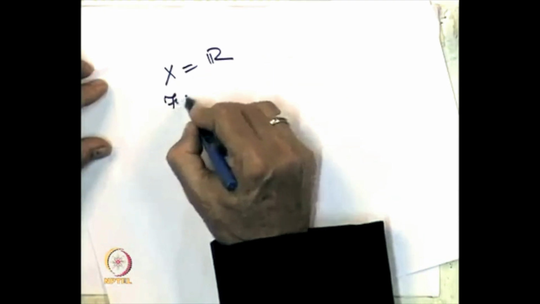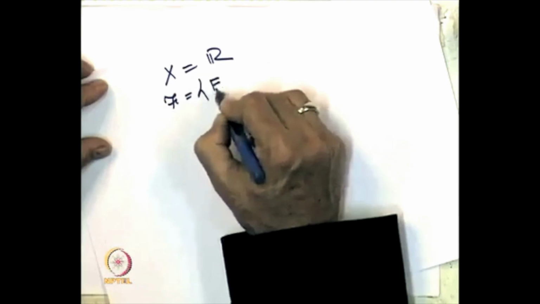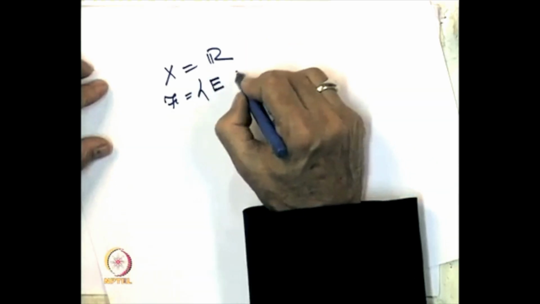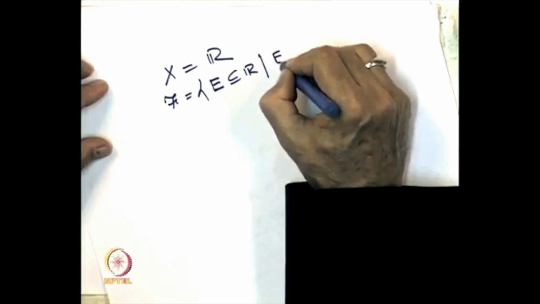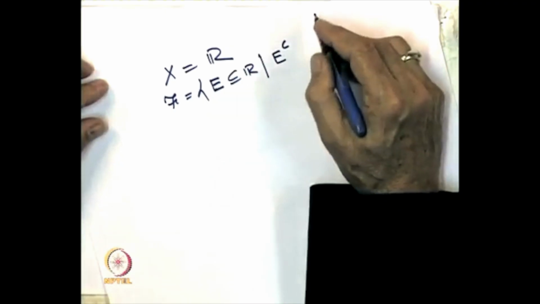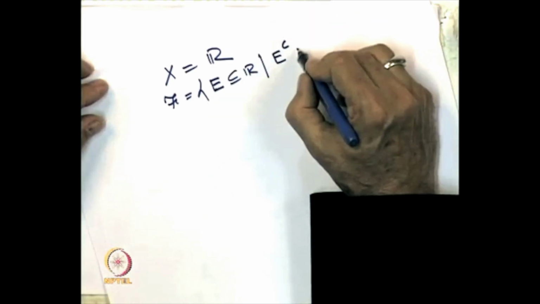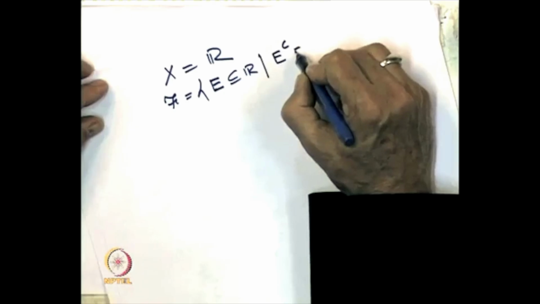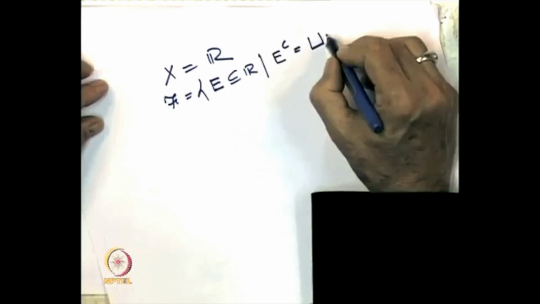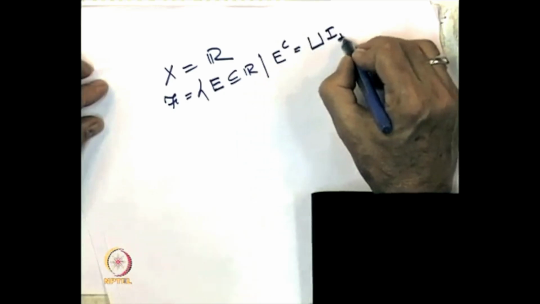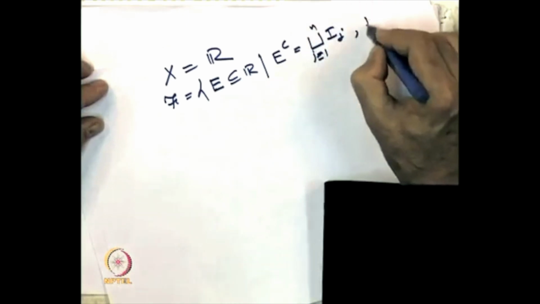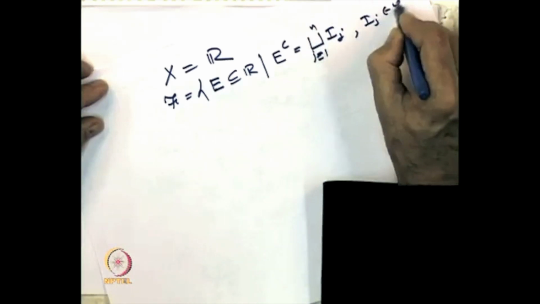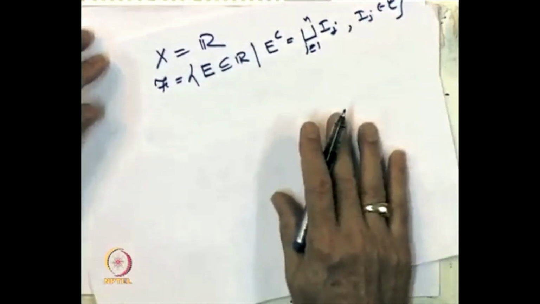Let us look at F, the collection of all those subsets E of R such that, instead of saying E complement is a union of two disjoint intervals, let me write E complement is equal to a finite disjoint union of intervals Ij, j equal to 1 to n, where the Ij's are intervals and they are pairwise disjoint.